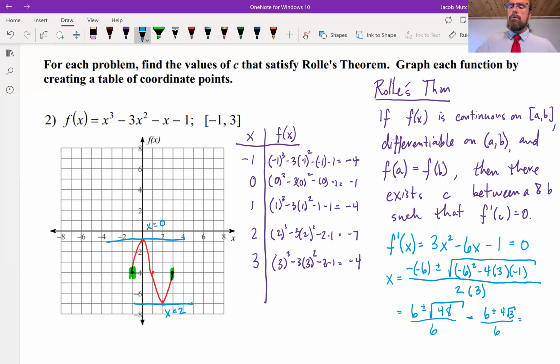So our two critical numbers here aren't where we thought they are. They're at 3 plus or minus 2 square root of 3 over 3. And if I were to calculate those out, those would be values close to what we hypothesized at 0 and at 2.